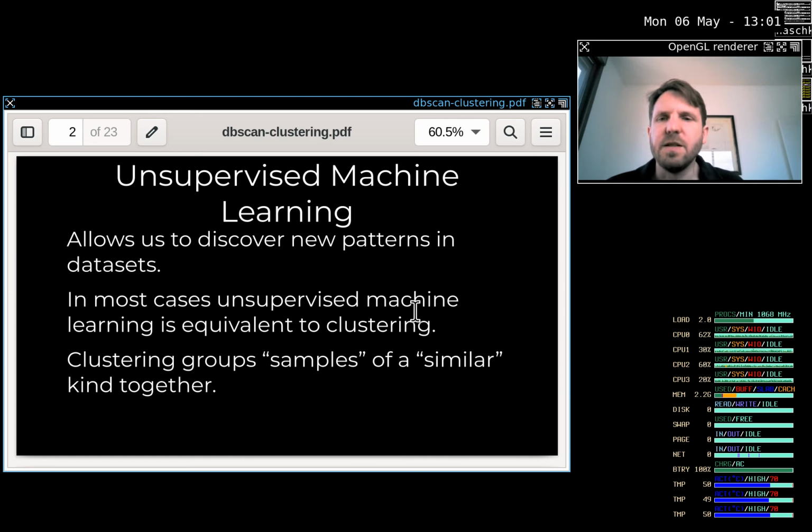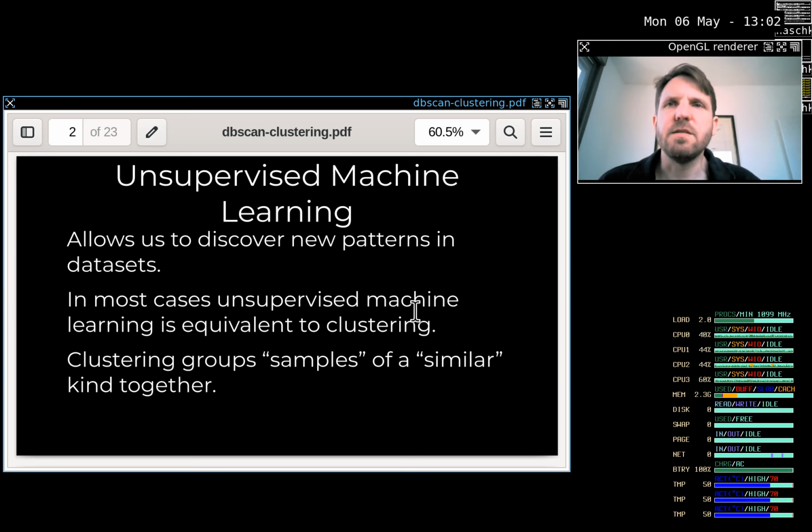And in most cases, this unsupervised machine learning is equivalent, of course, to clustering, so finding new data structures within our data set and grouping similar objects together. Yeah? So the story is, we always talk about the cats and dogs sample. So imagine we have 20,000 images.